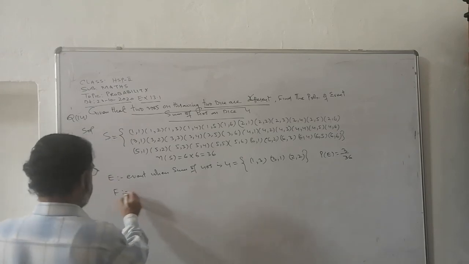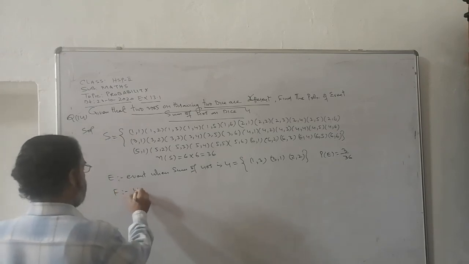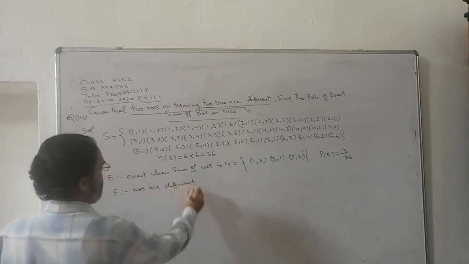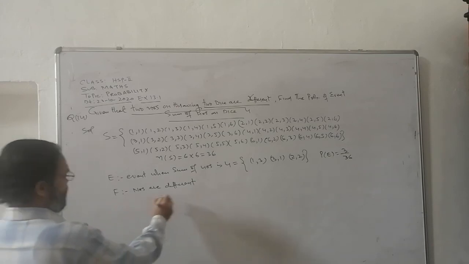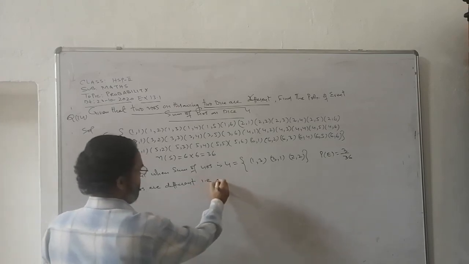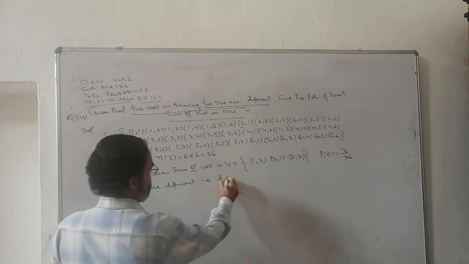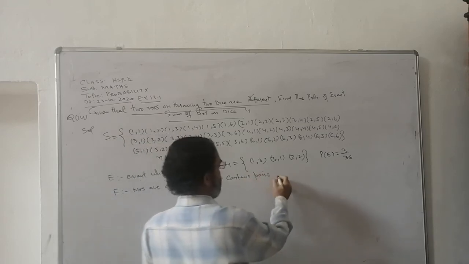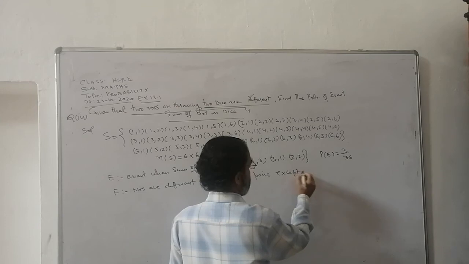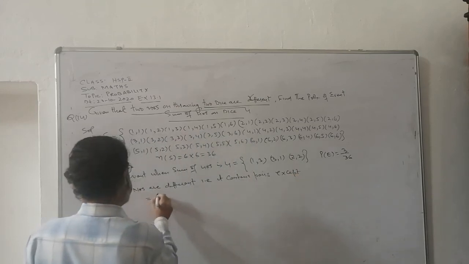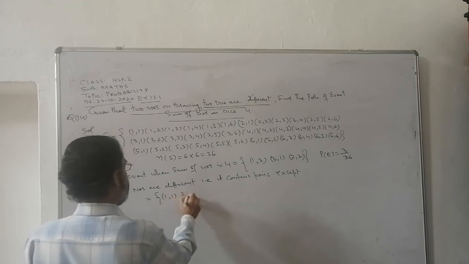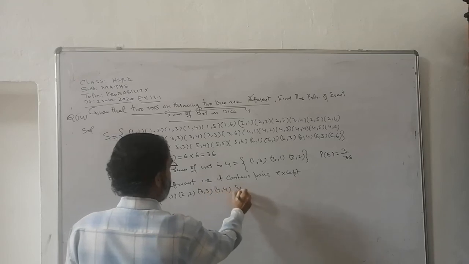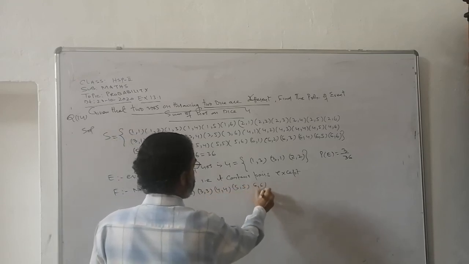F contains all pairs except those where the numbers are the same: (1, 1), (2, 2), (3, 3), (4, 4), (5, 5), (6, 6).